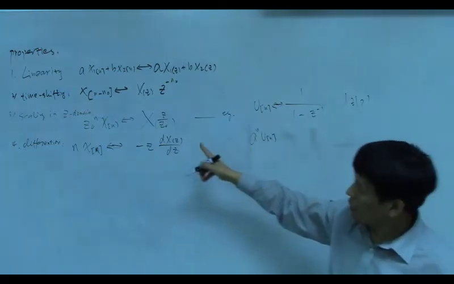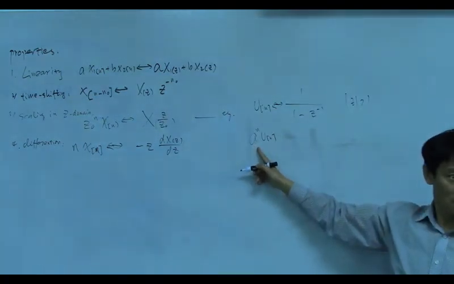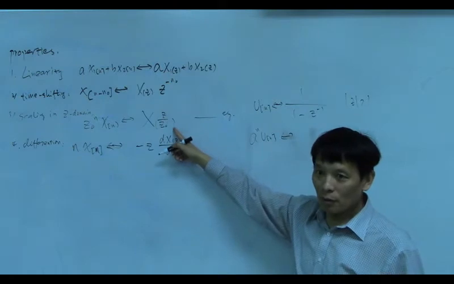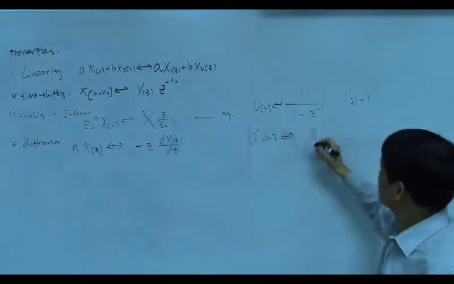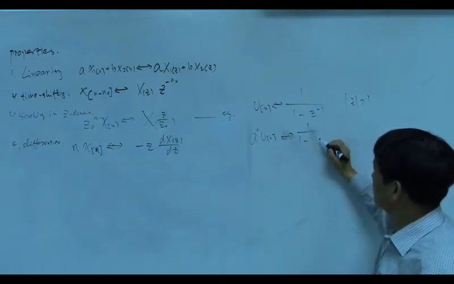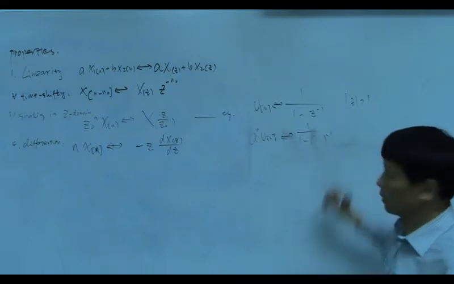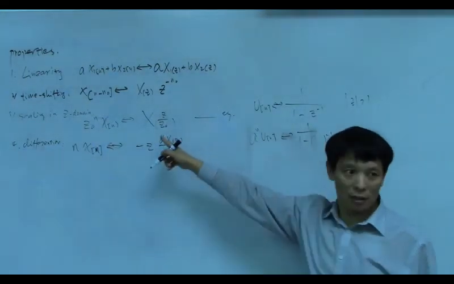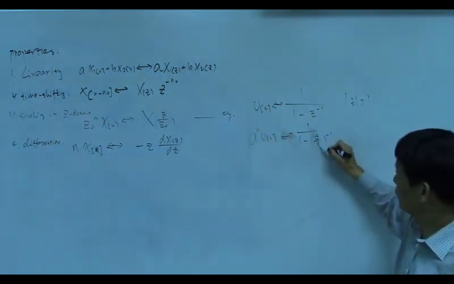In this example here, z sub 0 equals a. Then, based on this property, we still keep the same form. So that is 1 over 1 minus z to the negative 1, but we need to replace this z with z over z sub 0. So that will be z over a.